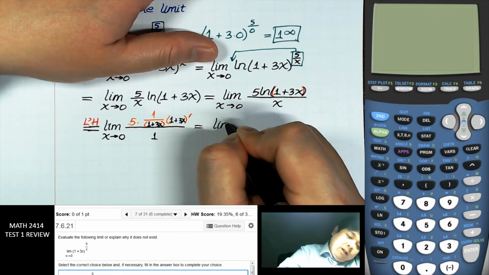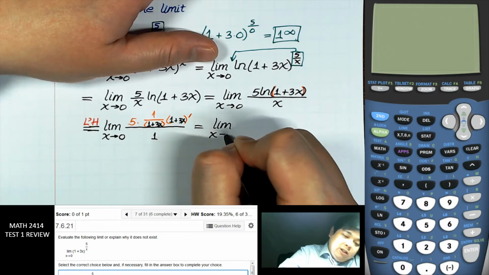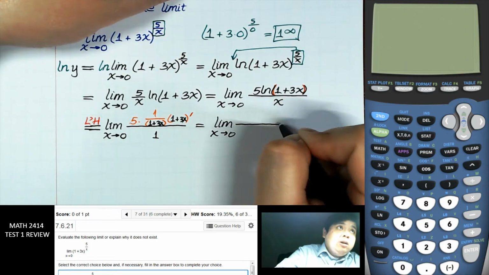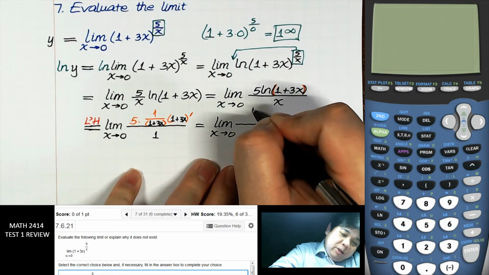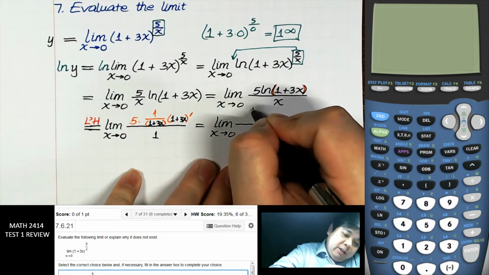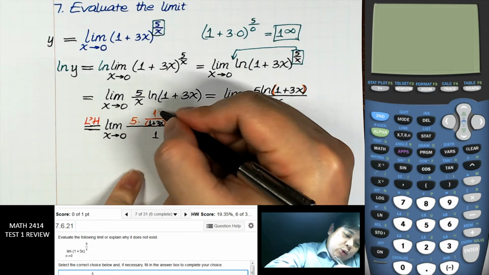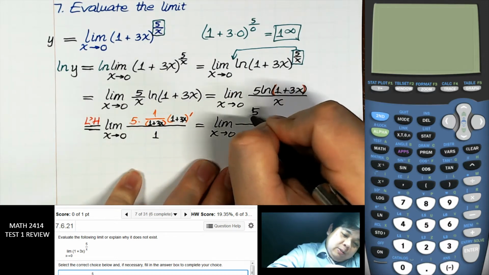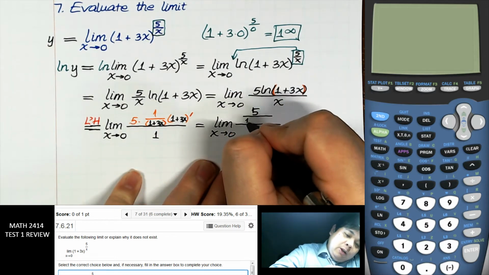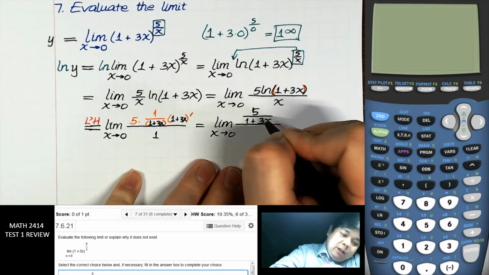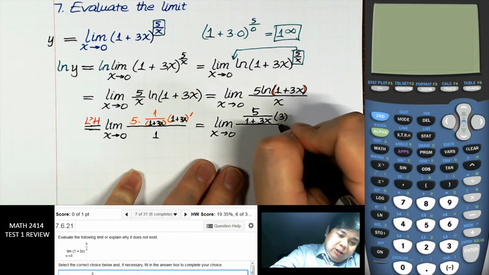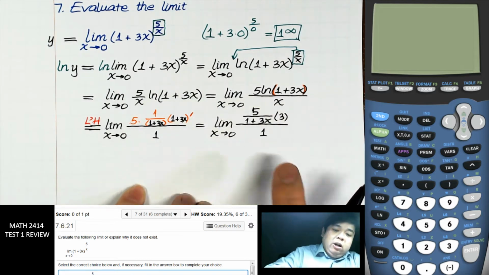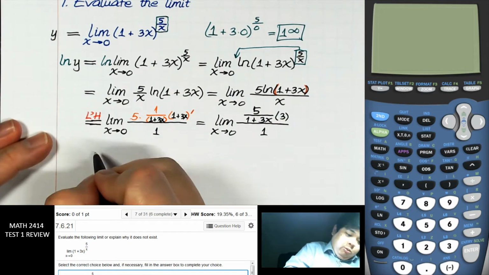Right. Simplify this. We have 1 over 1 plus 3x, multiplied by 5 on the top, and the derivative of 3x is 3, divided by 1. We don't really need to write it like that.